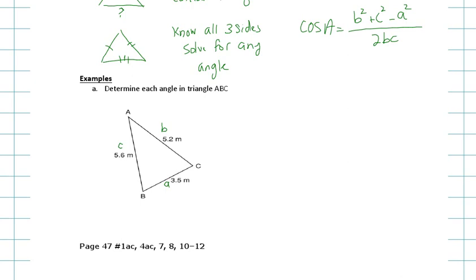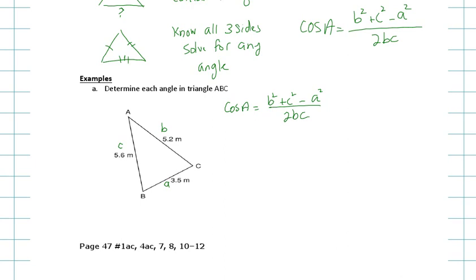So I'm going to have to use this formula: cosine A equals B squared plus C squared minus A squared over 2BC. All you have to do here is fill in the values into the formula.